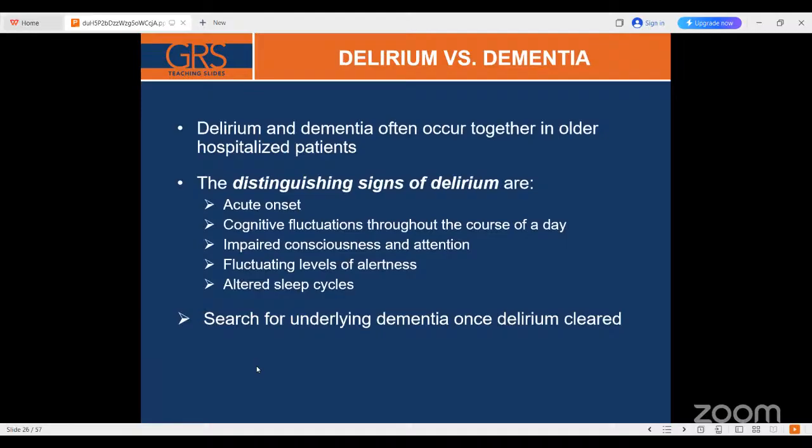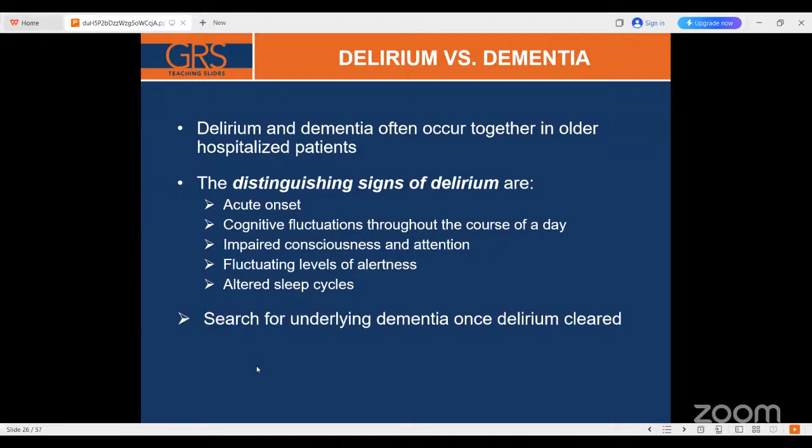Then we have delirium. Delirium and dementia sometimes overlap. Delirium has an acute onset and is common in patients with underlying disease, such as patients who get hospitalized and then start to have some sort of delirium, and usually it ends with the acute illness.